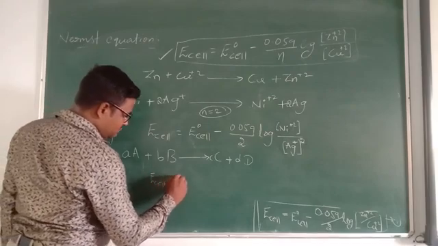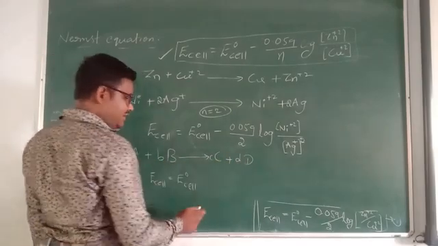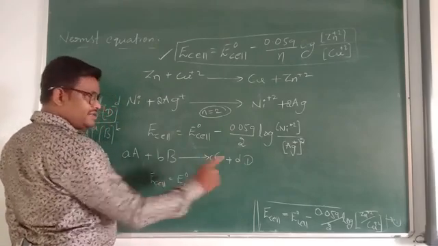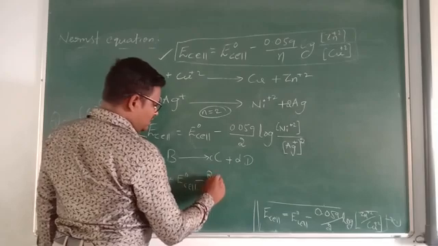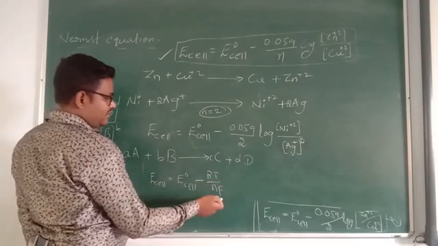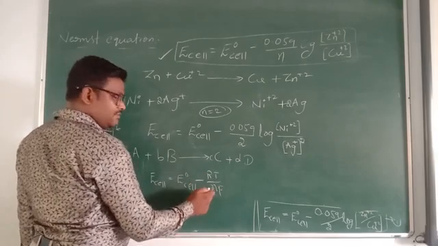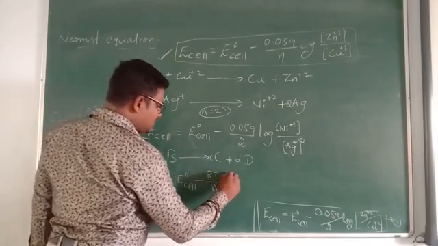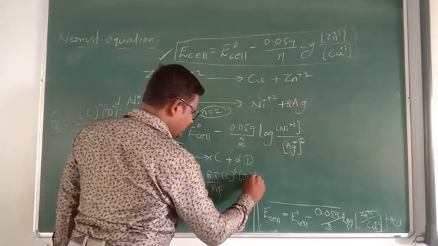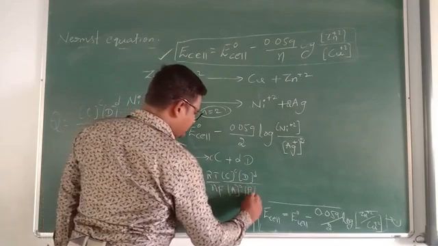Similarly, we can write for this cell: E cell is equal to E naught of the cell, and suppose all the concentrations are maintained at one molarity, then its cell potential is universal. At different concentrations, minus RT by nF, because we don't know at what temperature we are working or how many electrons we are losing, so we write RT by nF. Products concentration C power c, D power d by A power a and B power b.